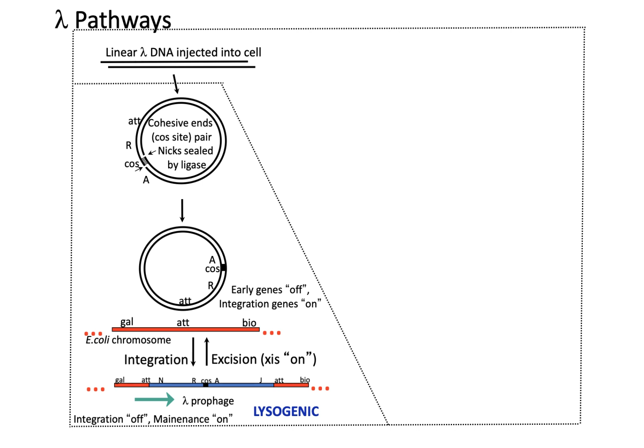At this point, the genes that would excise the chromosome and turn on the lytic cycle are inhibited from expressing.